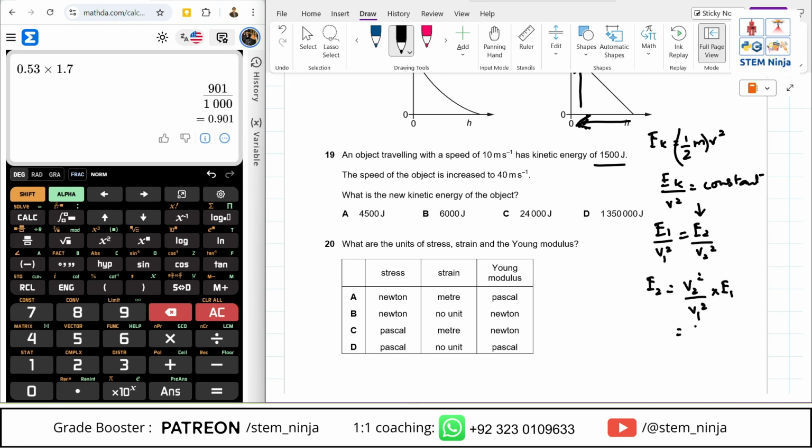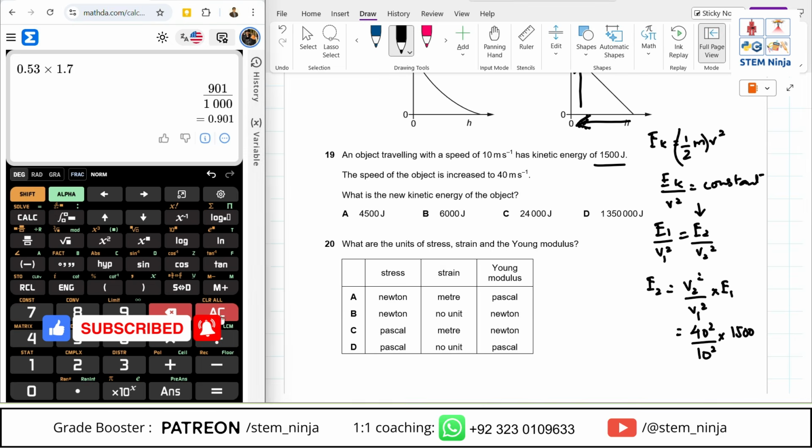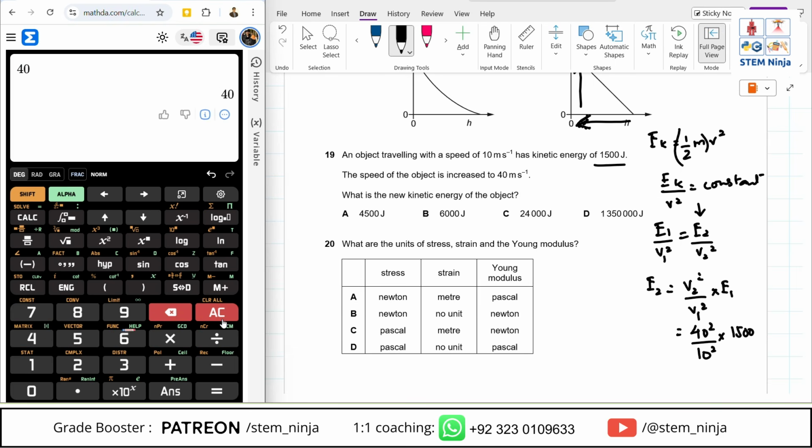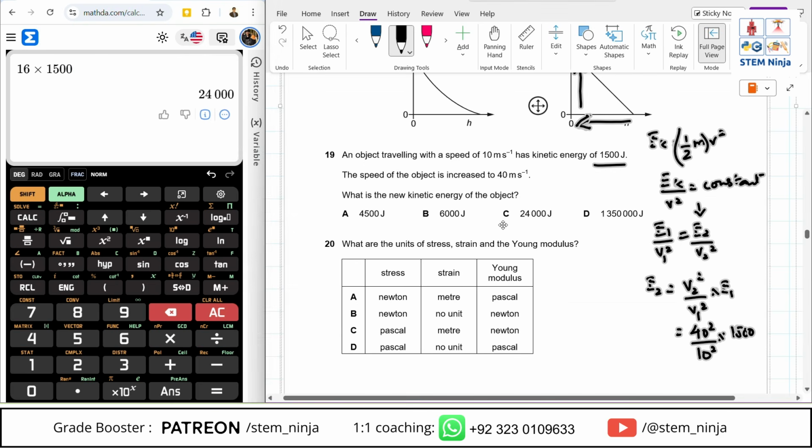So new speed is 40 squared, old speed was 10, and old kinetic energy was 1500. So 40 squared, which is actually 1600, divided by 10 squared, 100, so that would be 16, times 1500, that is 24,000. So C part.